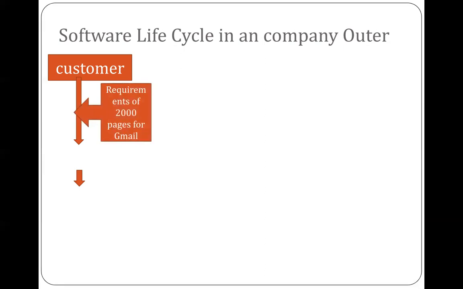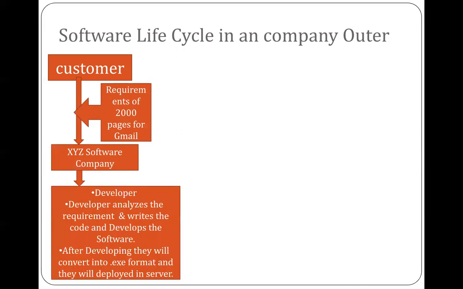For example, I am saying. Next he will come to the XYZ software company in order to develop his software. Once he has reached the company, they will first discuss the requirements. Client discussion will be happening.